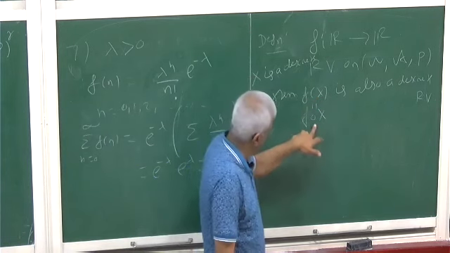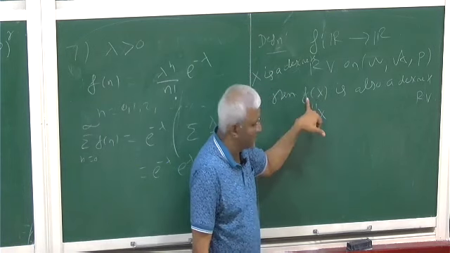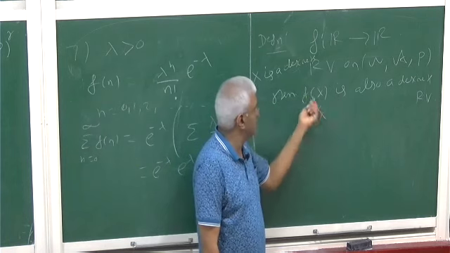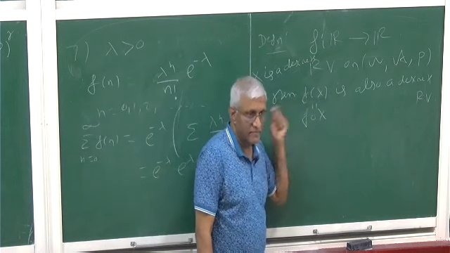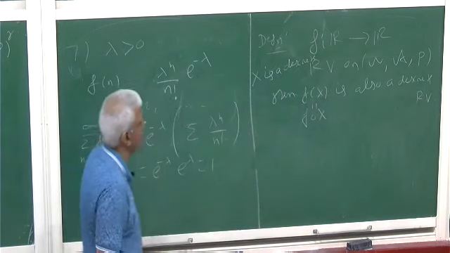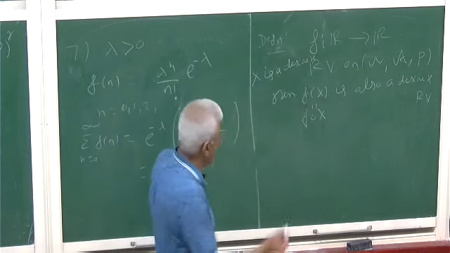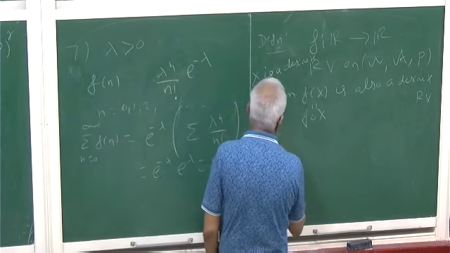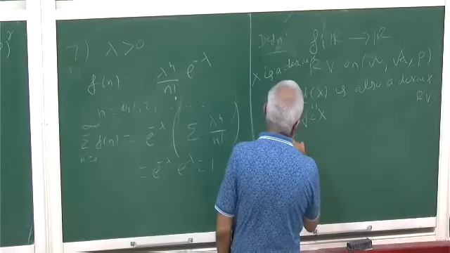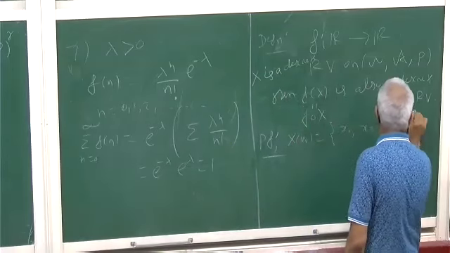That's why I write f of X, meaning f composed with X as a function, but I don't write it like that. I write f of X because it is just the function of that random variable. So f of X is also a random variable, and the proof is clear. Of course, X takes values X of omega from x1, x2 and so on.